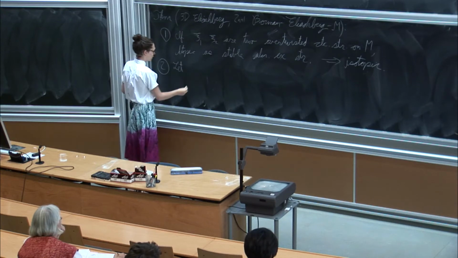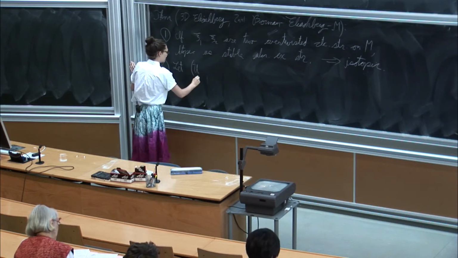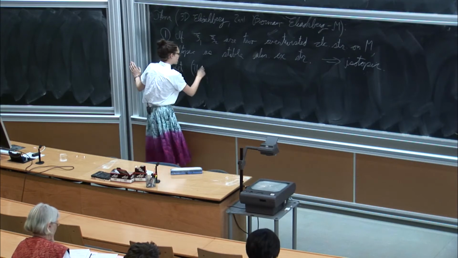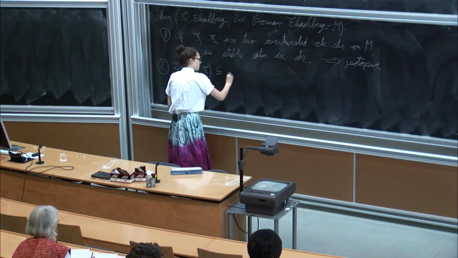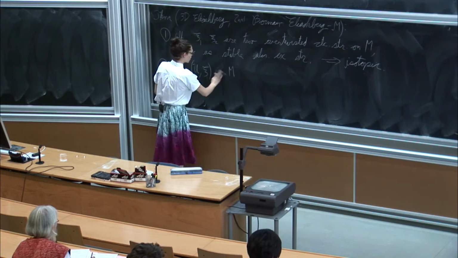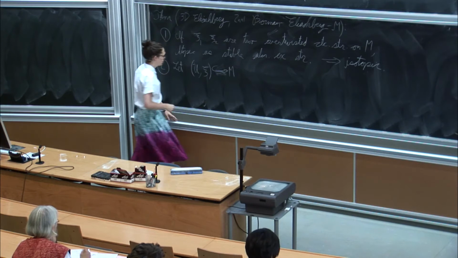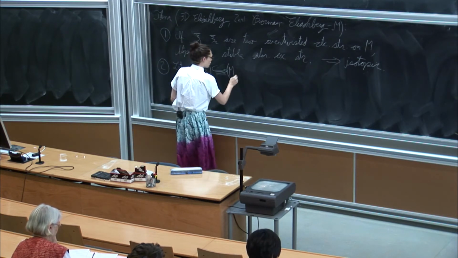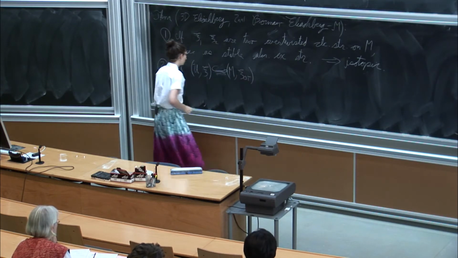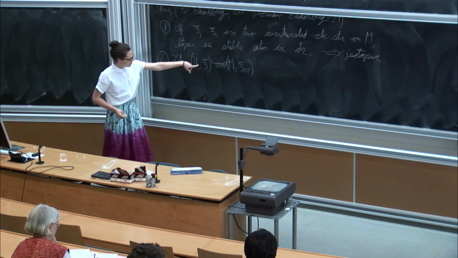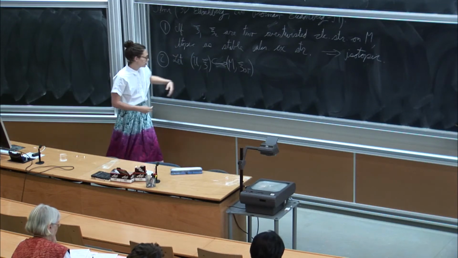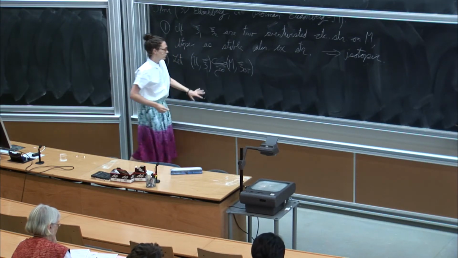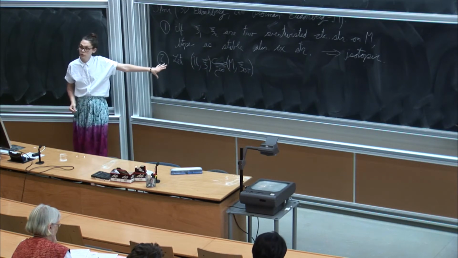So let's say I have an embedding of one contact manifold into another, but this is only a smooth embedding, so it's not a contactomorphism.